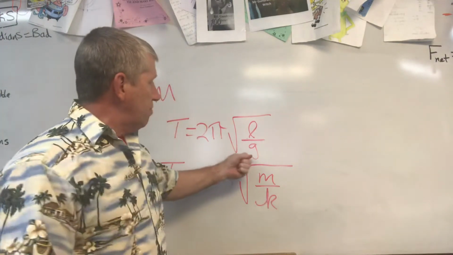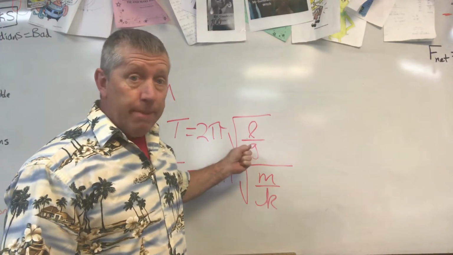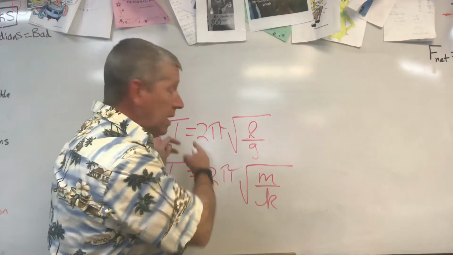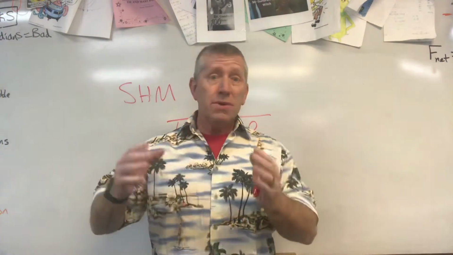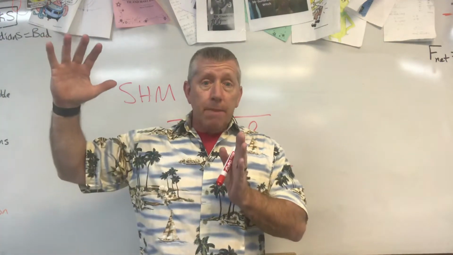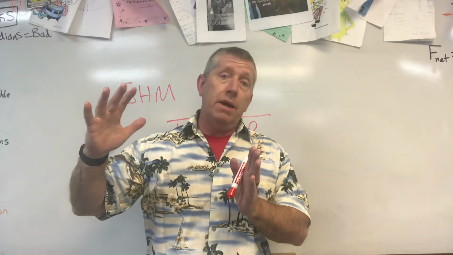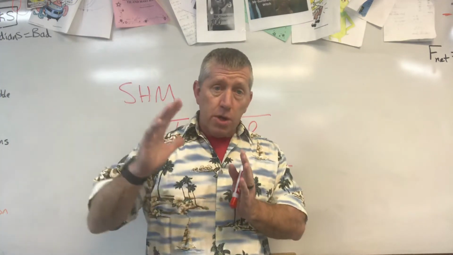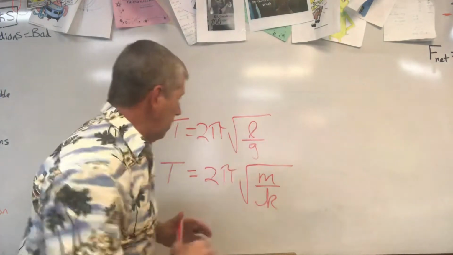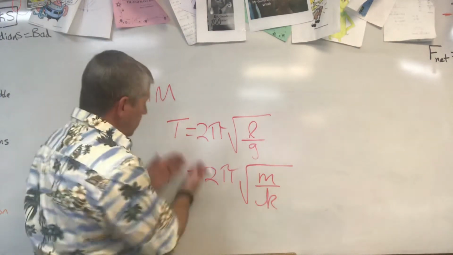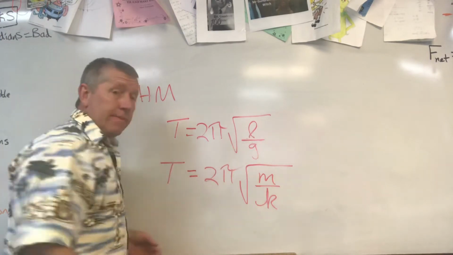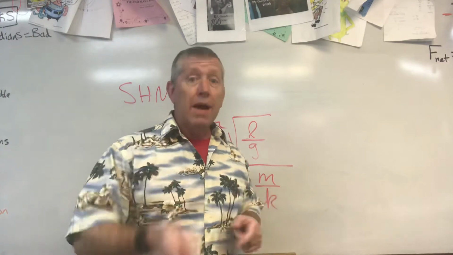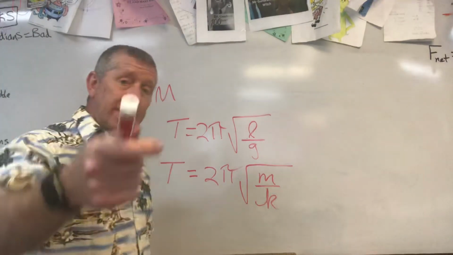If you have a very small amount of gravity, say you're on the planet Zork, a tiny little planet with very little gravity, your pendulum will take a long time to go back and forth because there's very little gravity pulling on it, so you have a long time period. Here, the length is clearly going to make a difference, and our pendulum lab, coming up very shortly, is going to show that qualitatively and quantitatively.